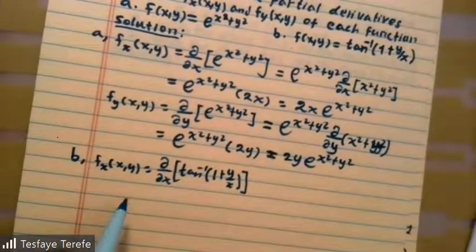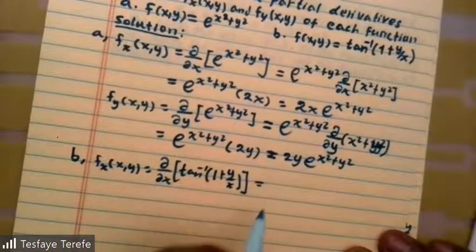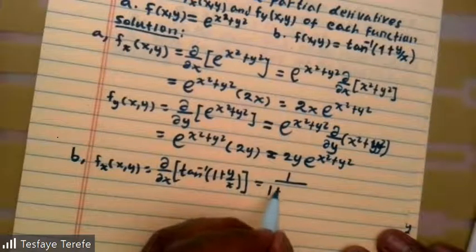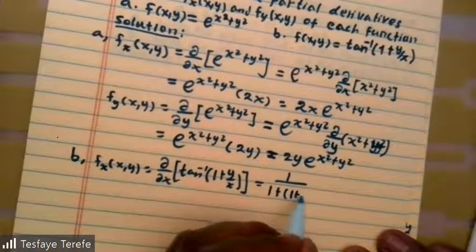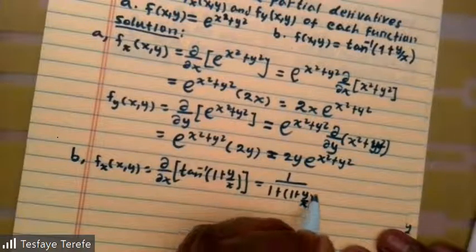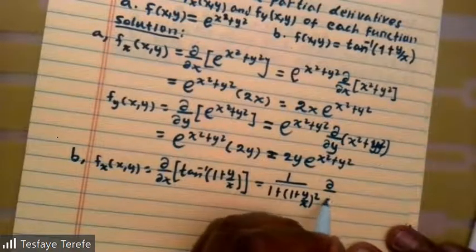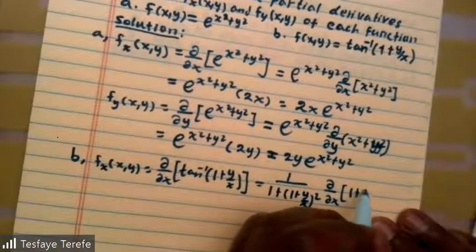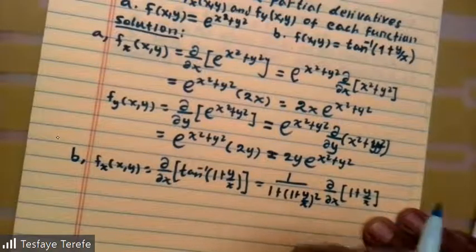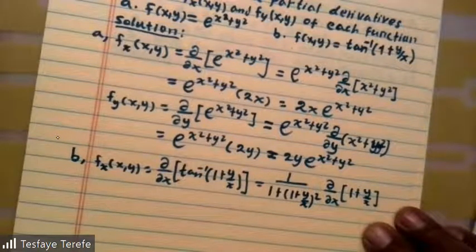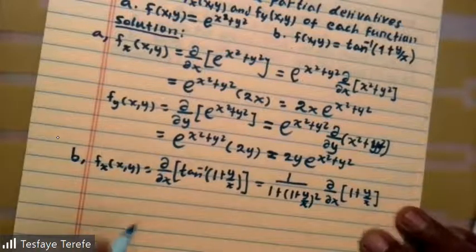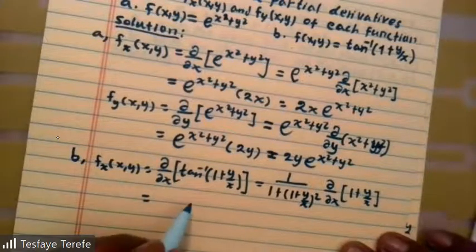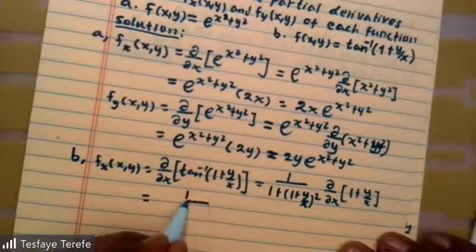As you know, the derivative of arctangent is 1 over 1 plus the argument squared, so 1 plus y over x squared, times d/dx of the argument, y over x. All right, I will come back and simplify this one, or why not I do it now?